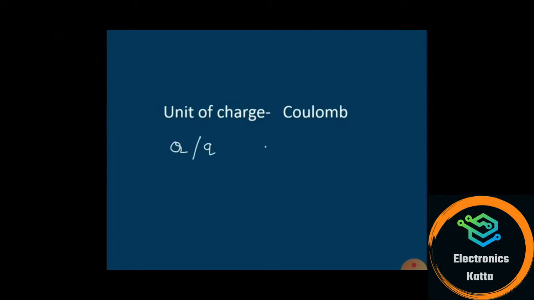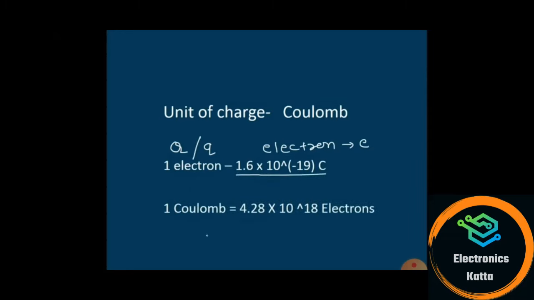When we talk about the charge of an electron, sometimes it is denoted by the symbol small e. One electron has a charge of 1.6 into 10 to the power minus 19 coulomb. So to have 1 coulomb of charge, we require 4.28 into 10 to the power 18 electrons. That is the inverse of this quantity. So to have 1 coulomb of charge, we require this much amount of electrons.